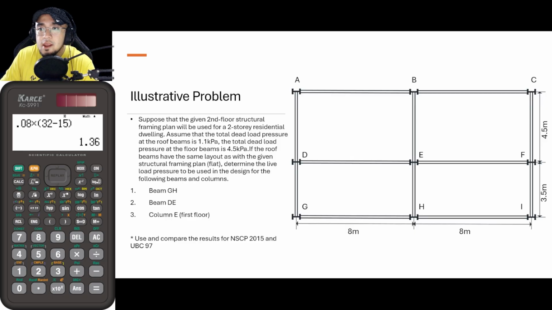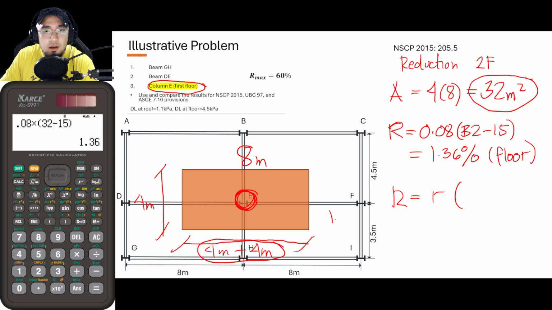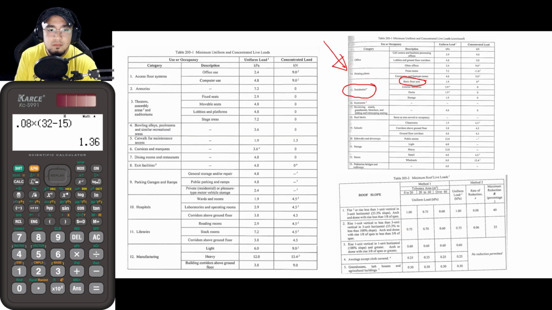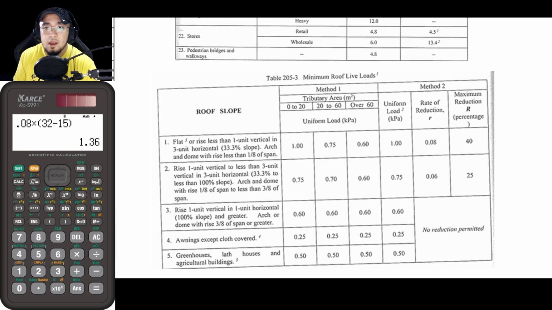Ano pong kinalaman yan? So, etong R po kasi na to guys, yung 0.08 na ginamit natin kanina, that is for flooring. Okay? And for the value of R for the roof beams, it is actually located here, nandito daw po guys sa babang ito.